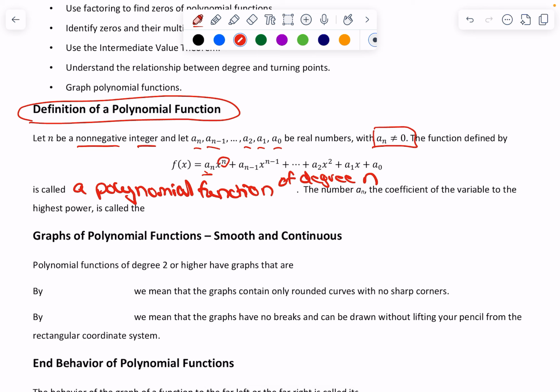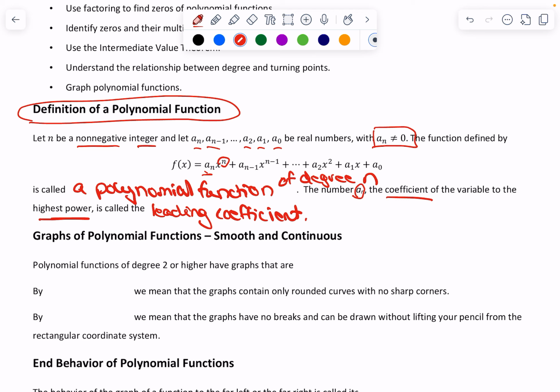So the number a sub n is the coefficient of the variable to the highest power, and that is called the leading coefficient. So the numbers in front of the x's are the coefficients, and the coefficient of the variable to the highest power is called the leading coefficient.